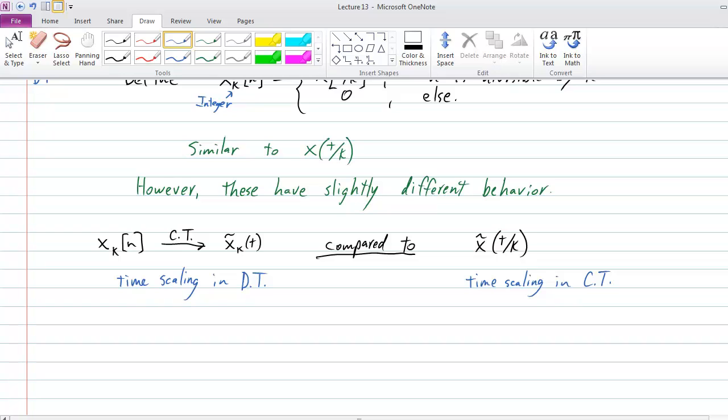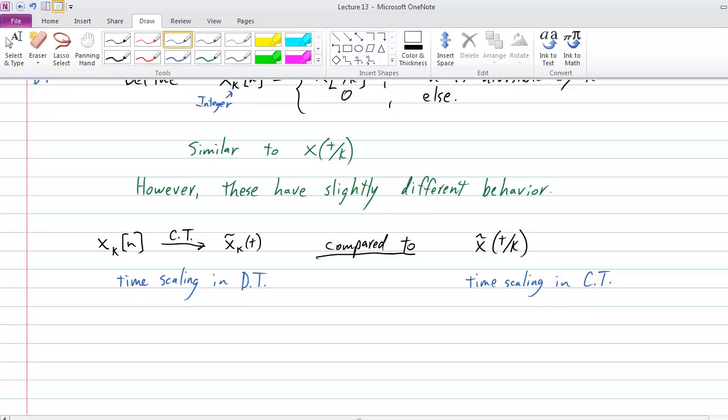You'll see that they're different, but they're very similar. So watch this. First of all, let's look at what x tilde k of t is.